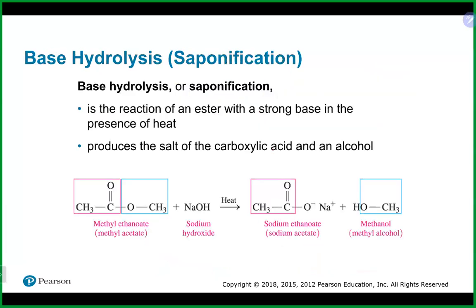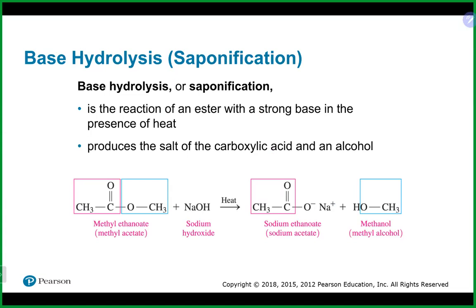Now, there's also another type of hydrolysis reaction that occurs with an ester, and that is a base hydrolysis. And that is sometimes referred to as a saponification reaction. Saponification means soap, basically. So this is kind of the reaction of how you make soap, essentially.